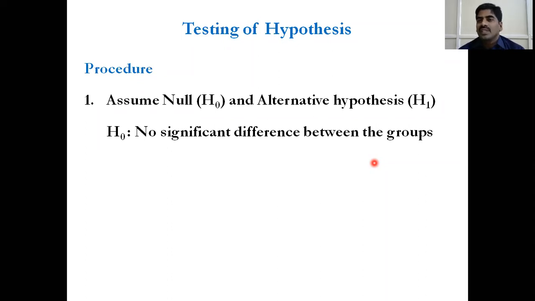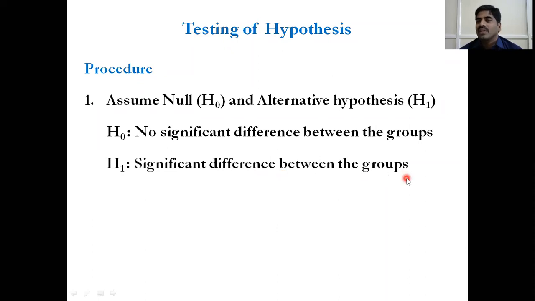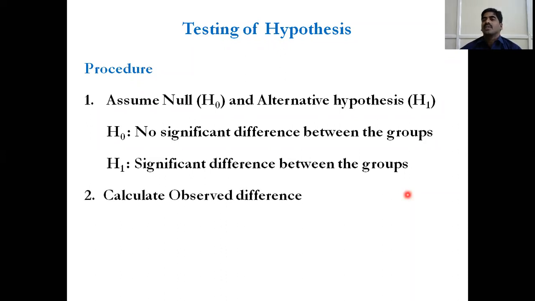The alternative hypothesis is opposite to the null hypothesis. That is, a significant difference between the groups. In the previous example, there is a statistically significant difference in marks between student A and student B. That is our alternative hypothesis. Okay. Next, the second step is to calculate the observed difference.